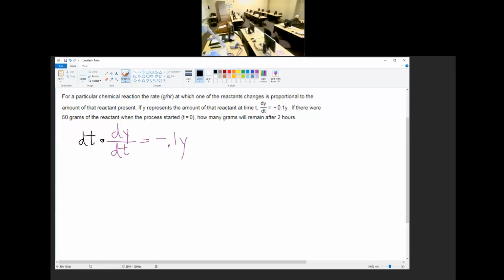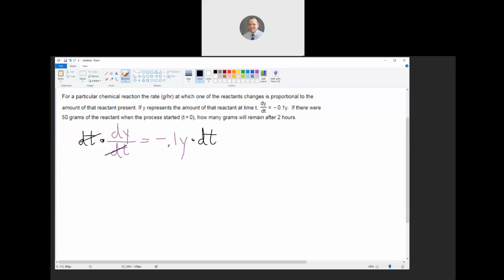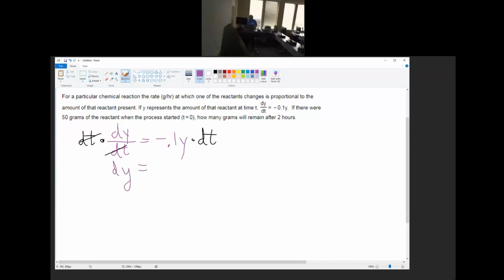And again, if that leads to nowhere, we can start over. That's not an issue. So we have dy equal to negative 0.1y times dt.